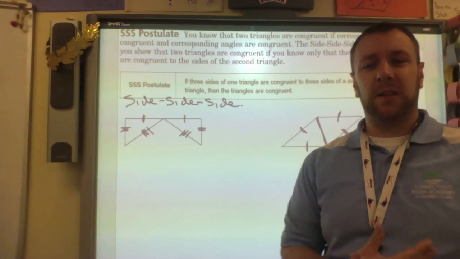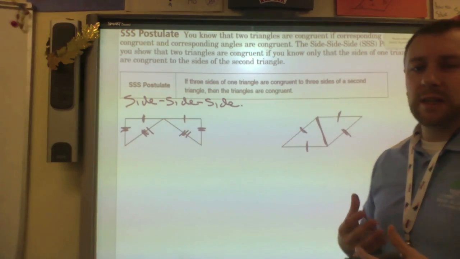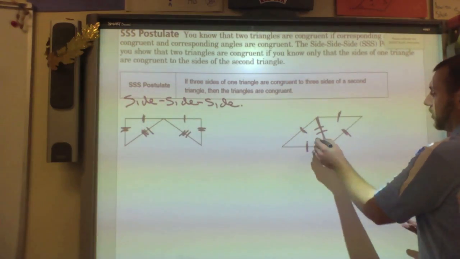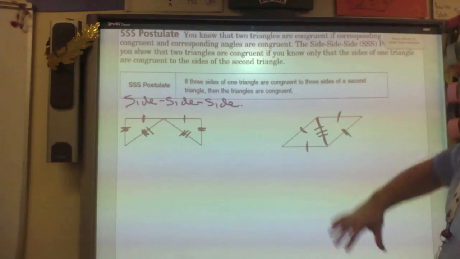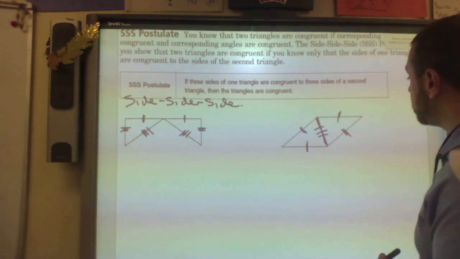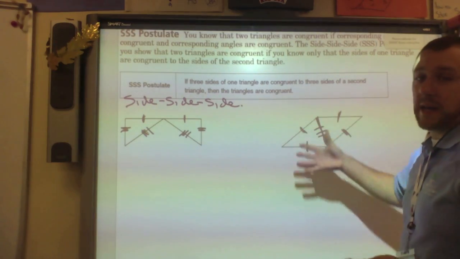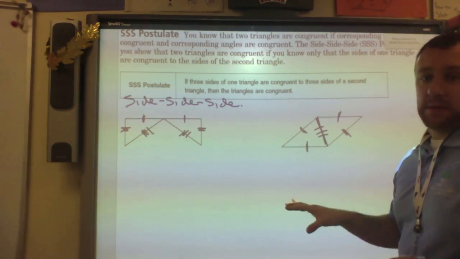So it's automatically congruent to itself. It's called the reflexive property. Really, it's just a shared side. So we can mark it congruent. I usually mark it with 3 tick marks. It could be 2, it doesn't matter how many tick marks. So that means that that side is congruent. So this triangle is congruent to this triangle by side, side, side.